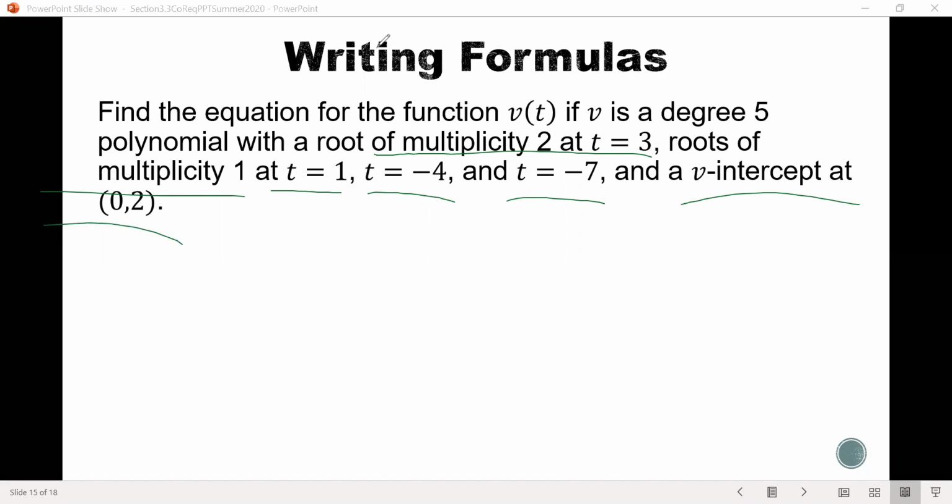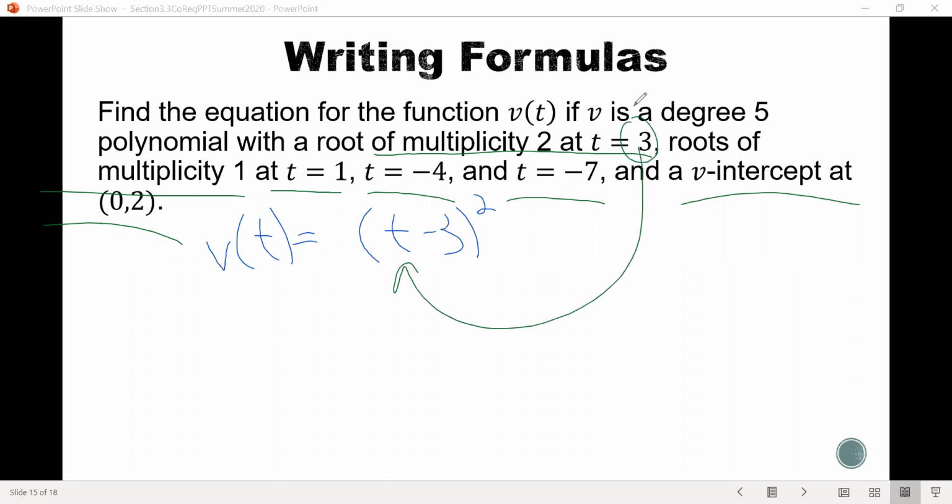Okay? So let's first start by using the information given about the intercepts. And again, this function is called v of t, so we don't need any x's here. First of all, we're told that there's a root of multiplicity 2 at t equals 3, so that means we should have a (t minus 3) squared. And again, it's t minus 3 because if we plug in the 3 there, that would give us a 0.